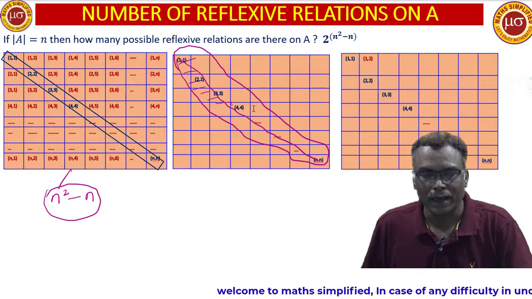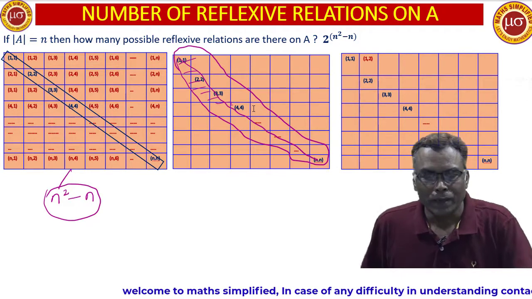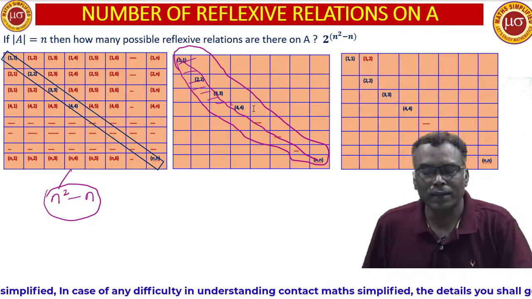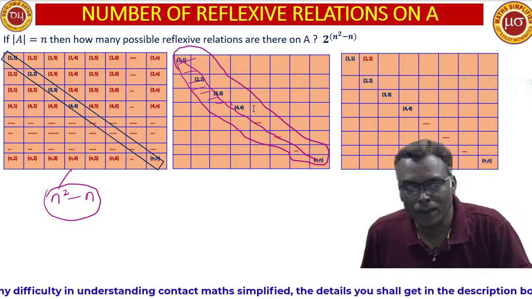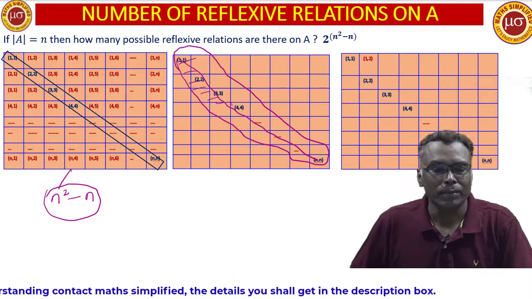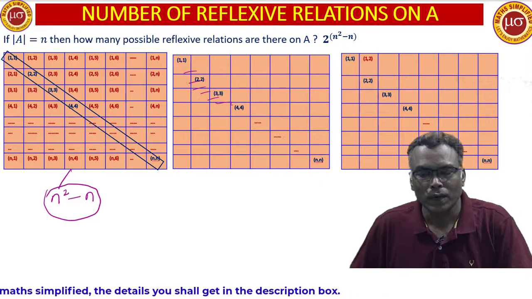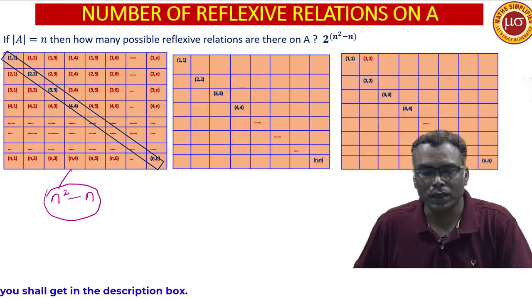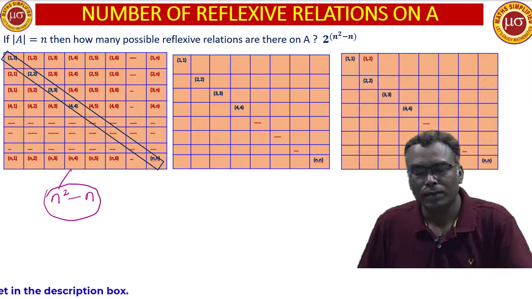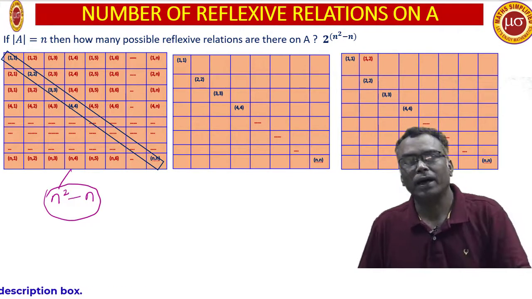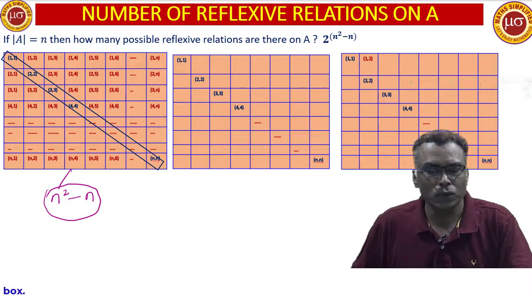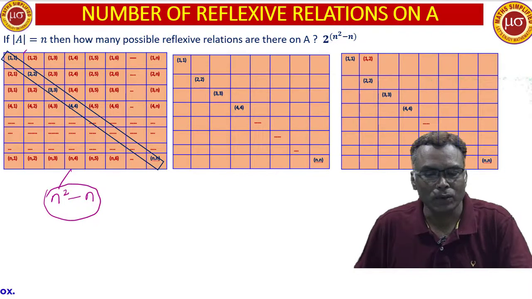Now, again, I need a reflexive relation with these (1,1), (2,2), ..., (n,n). I may or may not include any other element except all these. इनको छोड़ के और कुछ एलिमेंट को इंक्लूड करने से रिफ्लेक्सिव मिलेगा, नहीं करने से भी रिफ्लेक्सिव मिलेगा. तो लेट अस चूज वन एलिमेंट, (1,2). एक एलिमेंट चूज करते हैं.